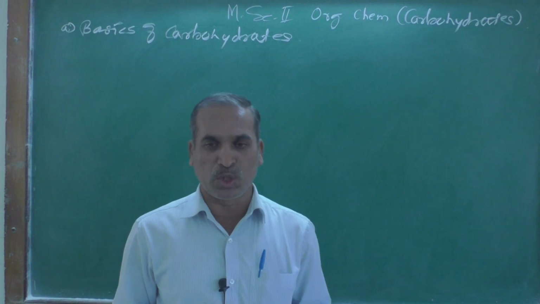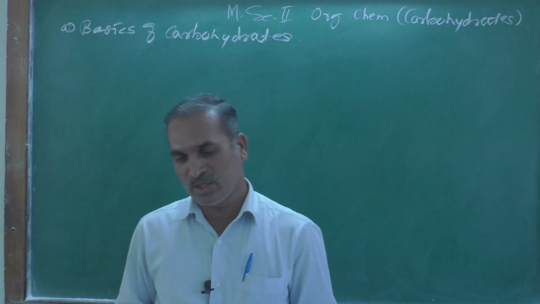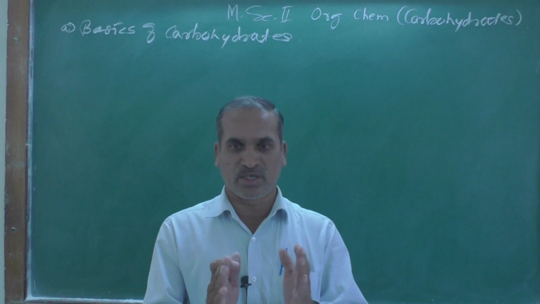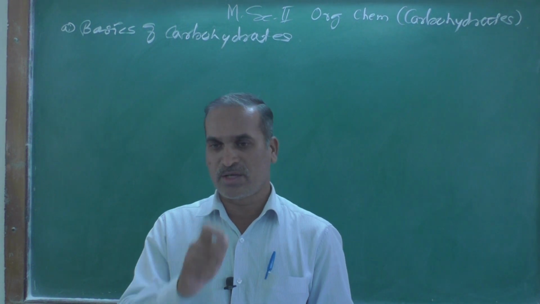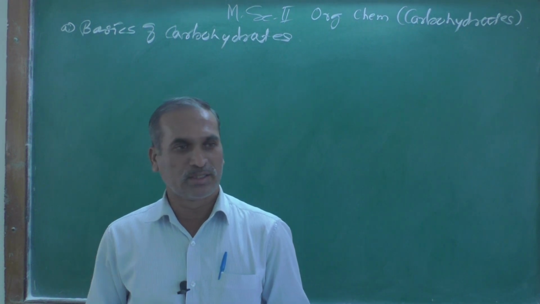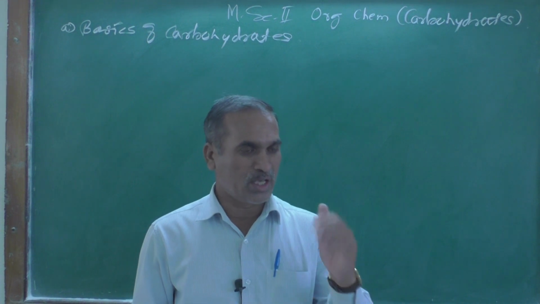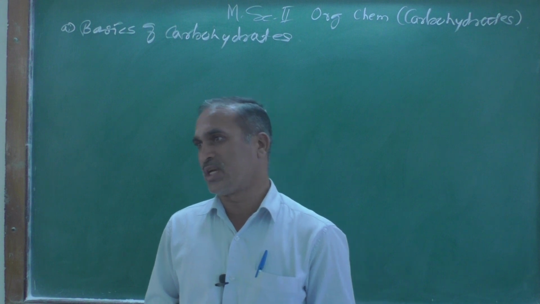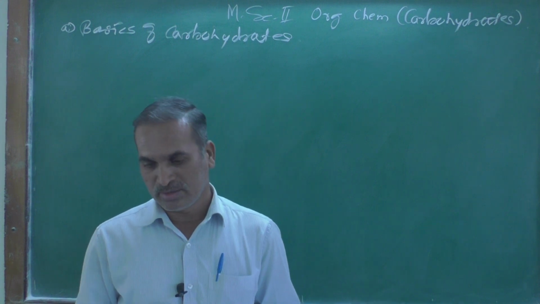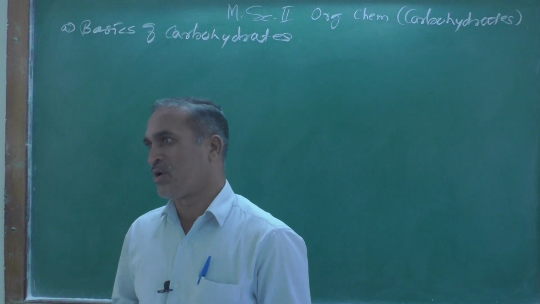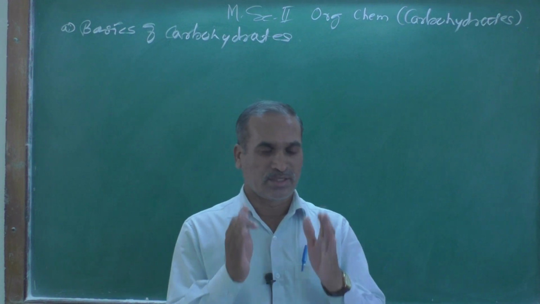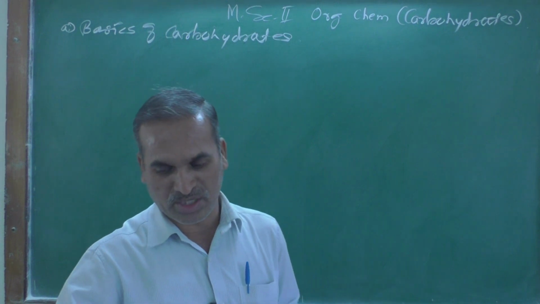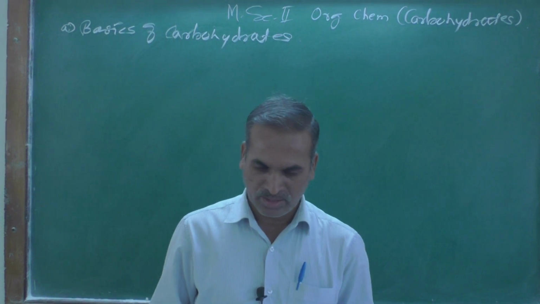One is a pentose and another one is a glucose, and specifically we are focusing our attention on the hexose, meaning glucose. Generally these carbohydrates are represented as a Fischer projection formula.